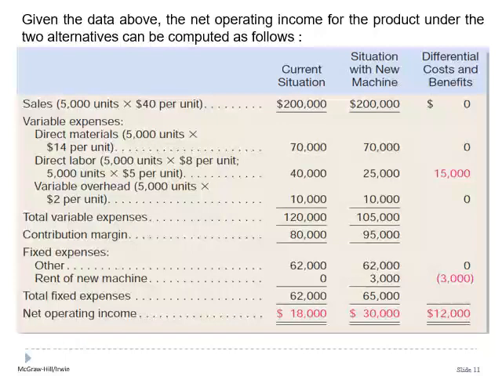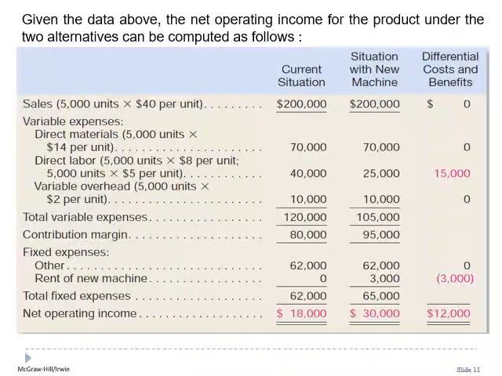And a zero in that column simply means that the total amount for the item is exactly the same for both alternatives. Thus, because the difference in the net operating income equals the sum of the differences for the individual items, any cost or benefit that is the same for both alternatives will have no impact on which alternative is preferred.